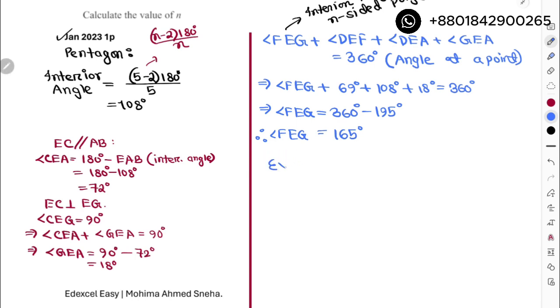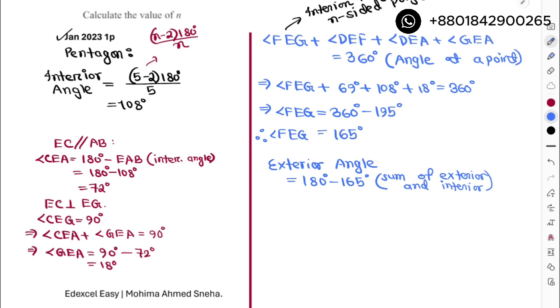So the exterior angle is actually, for this kind of polygon, understand that the sum of exterior and interior is always going to be 180. That creates a straight line. So it will be 180 minus the interior angle. This is under the basics of the sum of exterior and interior.